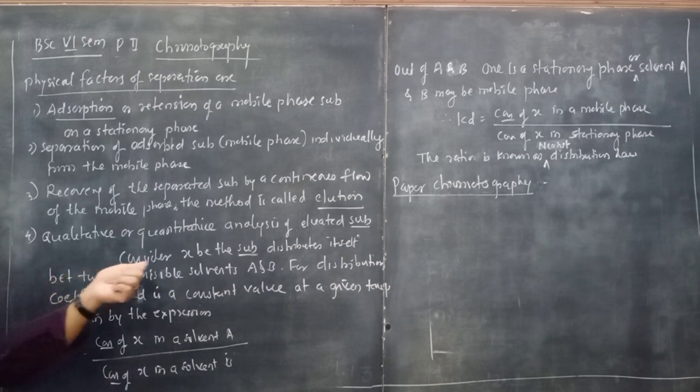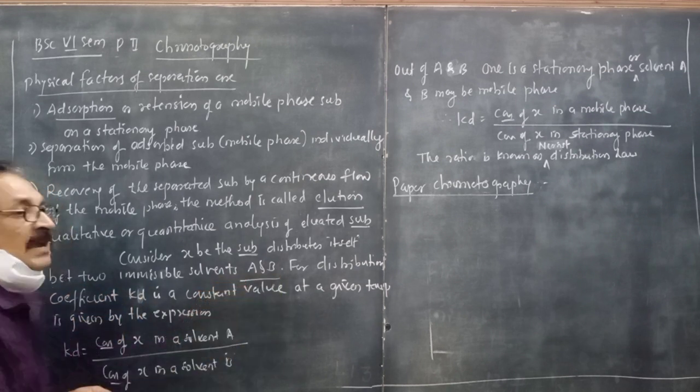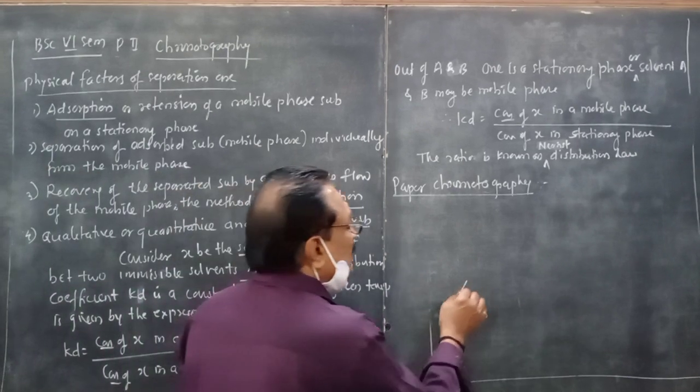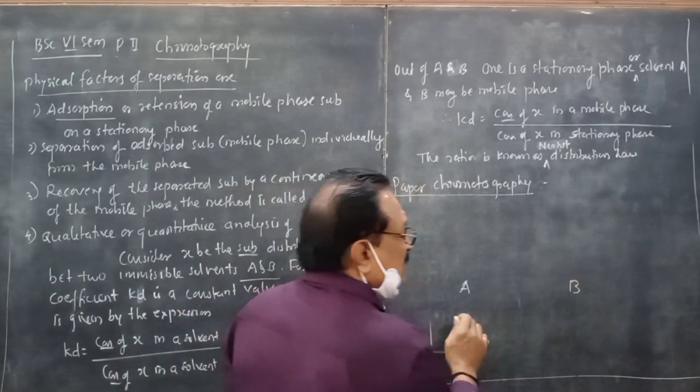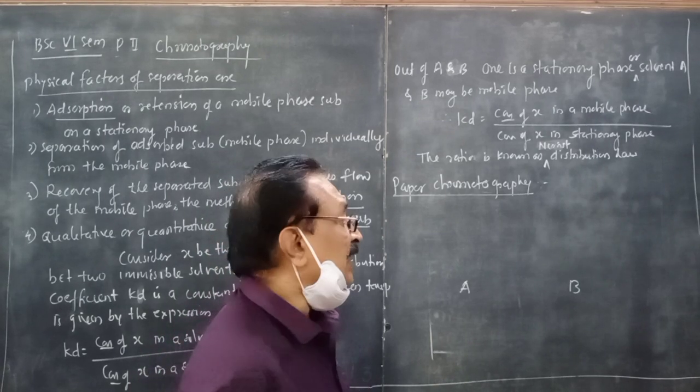Next, consider X, a substance that distributes itself between two immiscible solvents A and B. Suppose A is a solvent and B is a solvent, both immiscible, meaning they can't mix with one another.